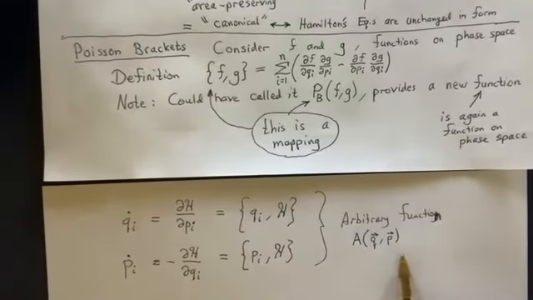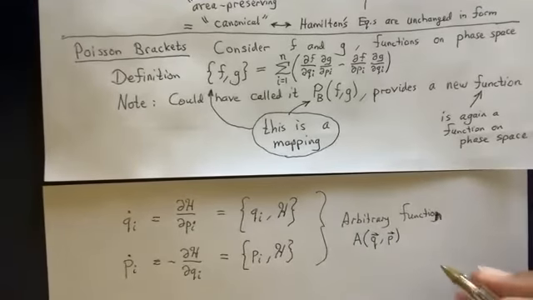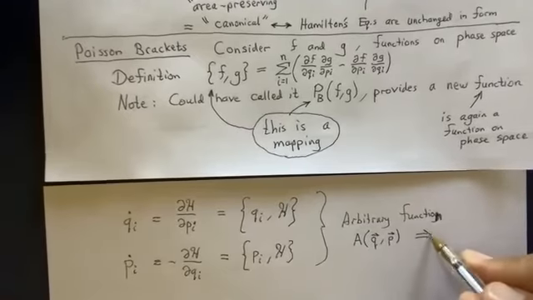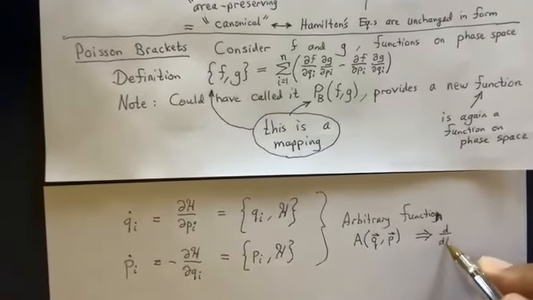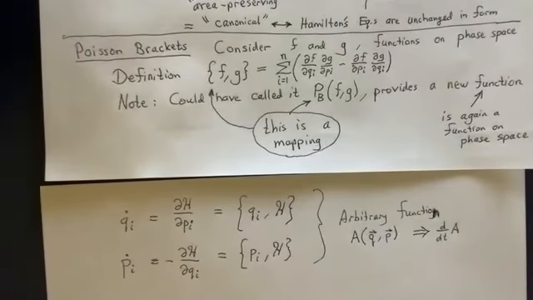If you have an arbitrary function of the Q's and P's, you can consider the total time derivative. What does that mean, the total time derivative? This means we think of some solution. So now all the individual Q's as a function of time, we're thinking of that as a solution, the time evolution of the system, and all the P's as a function of time.